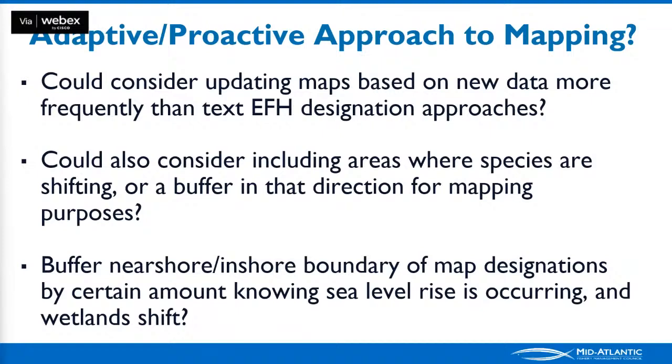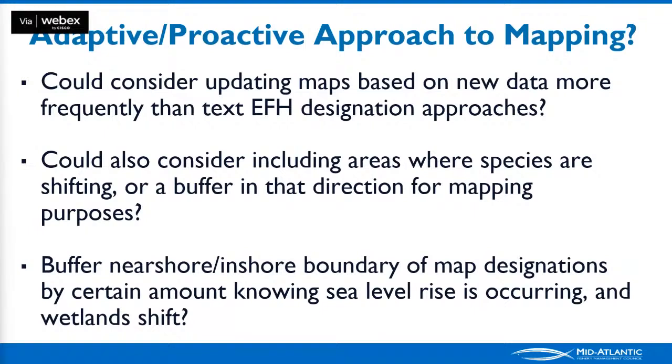So we could consider a process by which maps could be updated based on data more frequently than that, if they're consistent with your text EFH designations. So we get new information that helps us really improve those maps, but it's consistent with those original designations.